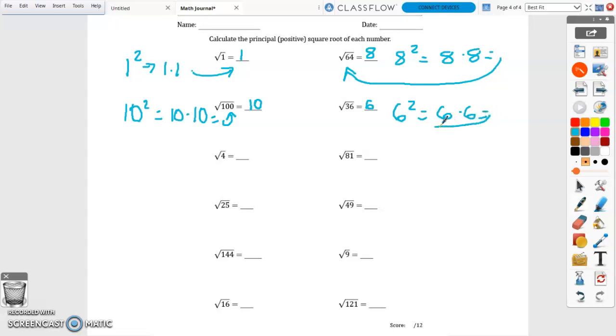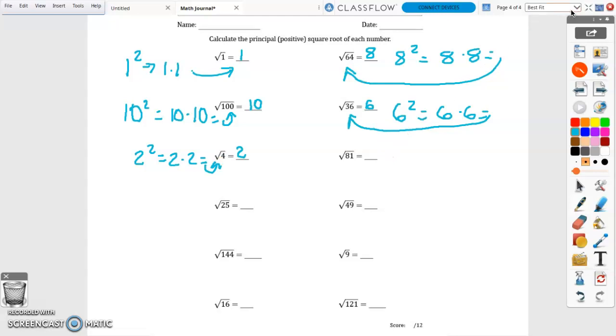So it's equal to 36. Now, what is the square root of 4? 2. 2 squared equals 2 times 2, which is equal to 4.